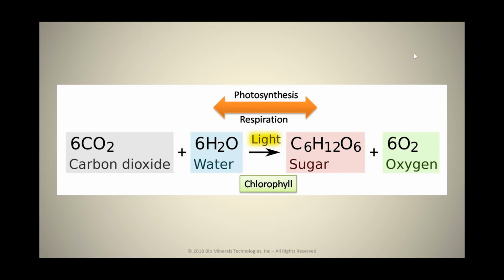This gives us a direct indicator of how the process of photosynthesis is working. If we have very low photosynthesis, very low chlorophyll, that means we either have a CO2 problem or a trace element problem. Remember, there is no NPK in this process.